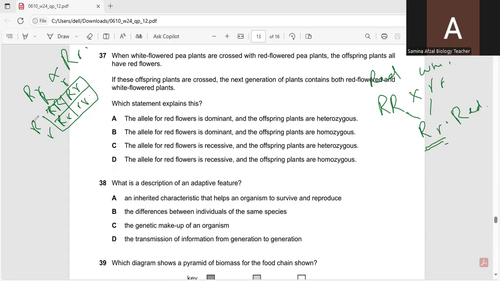So we get both red flowers and white flowers in a 3:1 ratio, 3 red and 1 white. So the allele for red flower is dominant and the offspring plants are heterozygous.